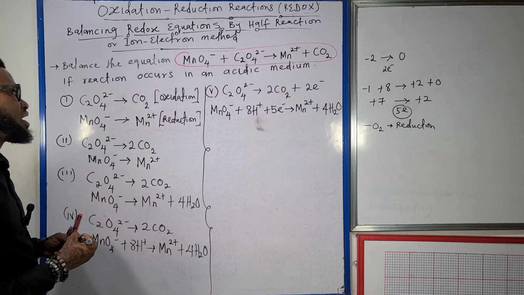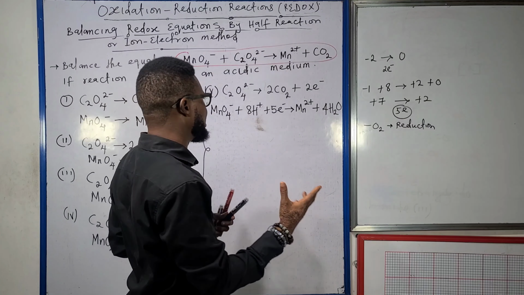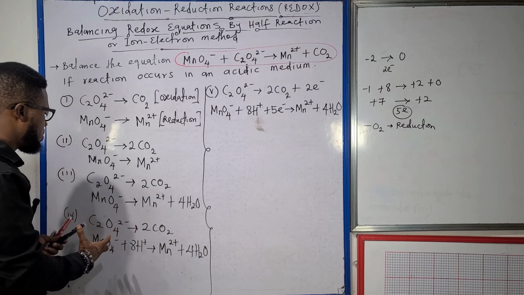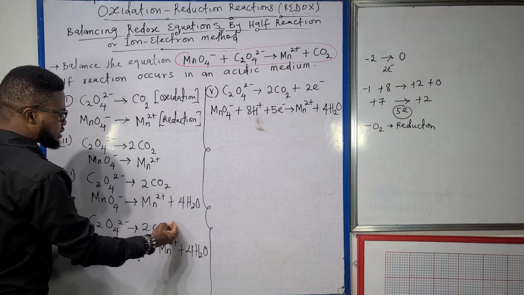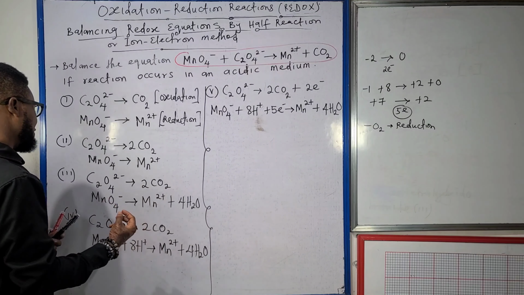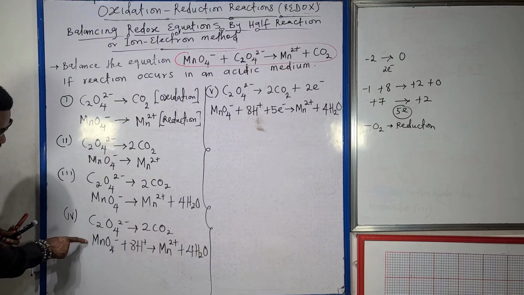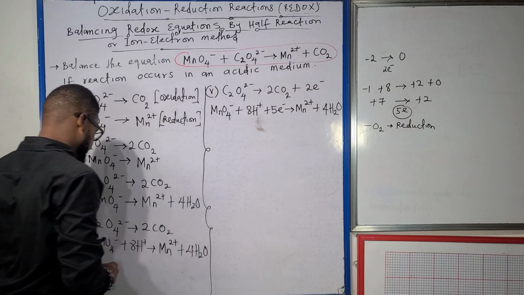We are trying to balance the charge by adding electrons to the more positive side. So you just sum up the charge on the reactant side and the charge on the product side, look for the difference, and when you get the difference, add that difference to the more positive side. In this case, MnO4 minus is -1.